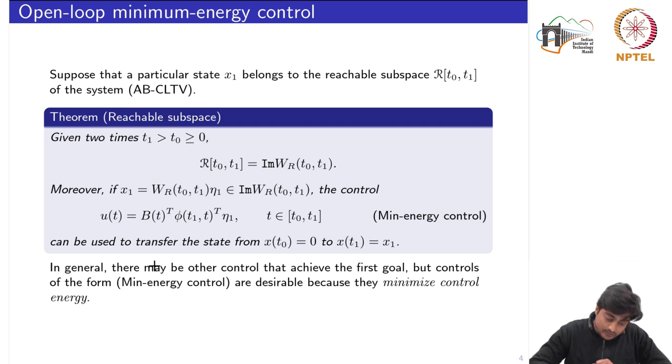At the same time we also know that to take the trajectory from x0 to x1 there could exist many control signals, and this is one of the control inputs which could take from x0 to x1. So this would achieve at least the first objective, that this control would take from 0 to x1.